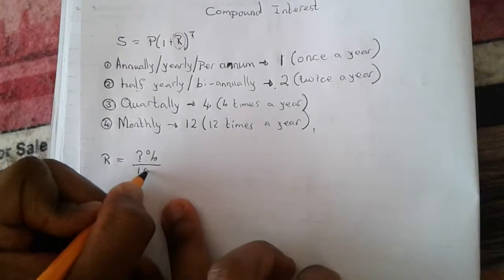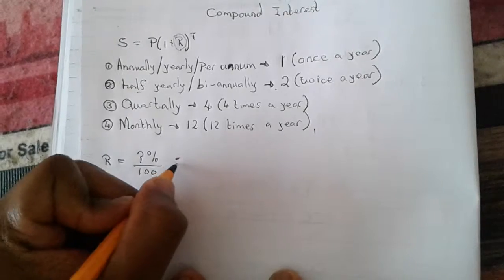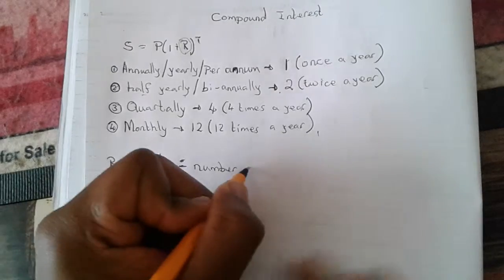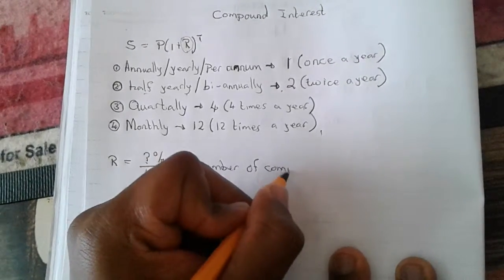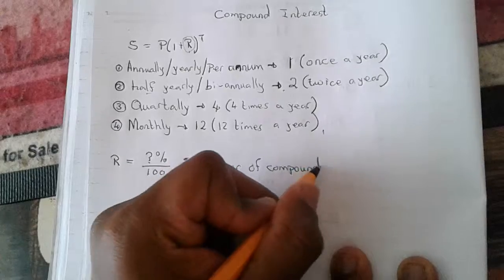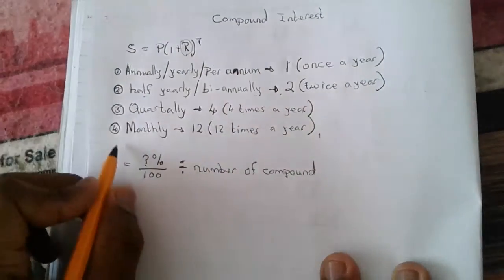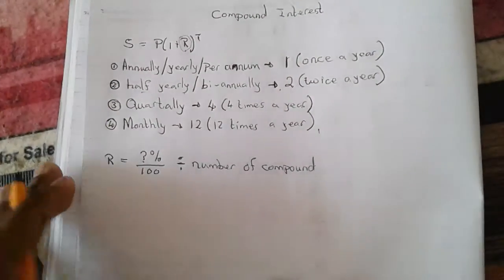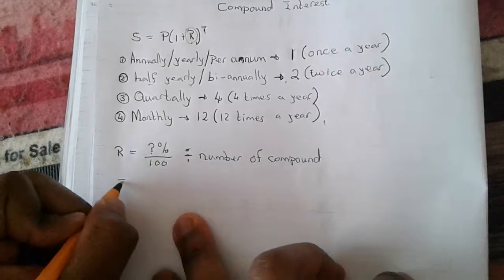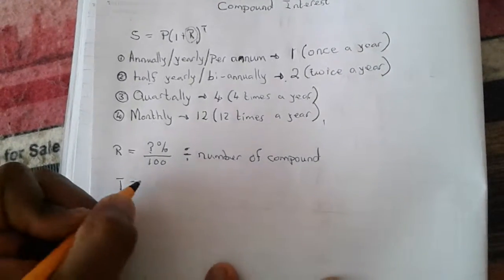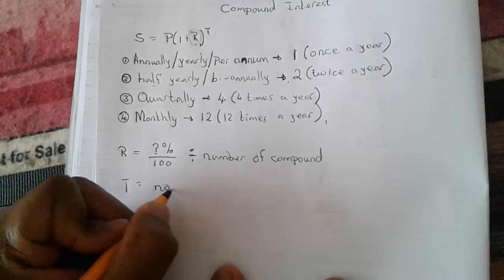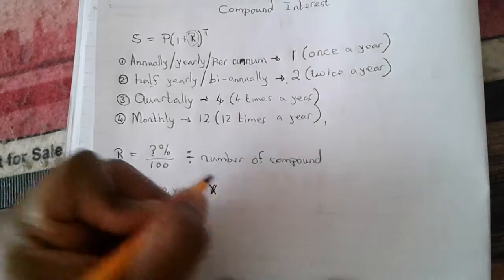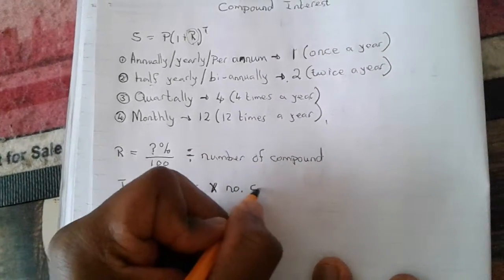You divide that by 100, then you further divide it by the number of compounds, which will be given in the question, whether it's 1, 2, 4, or 12 times. And then your time in years will be the number of years multiplied by the number of compounds.